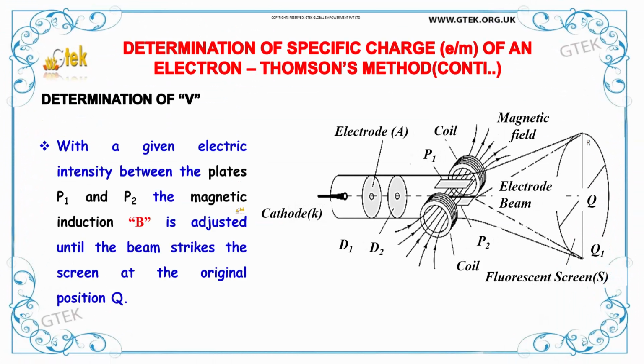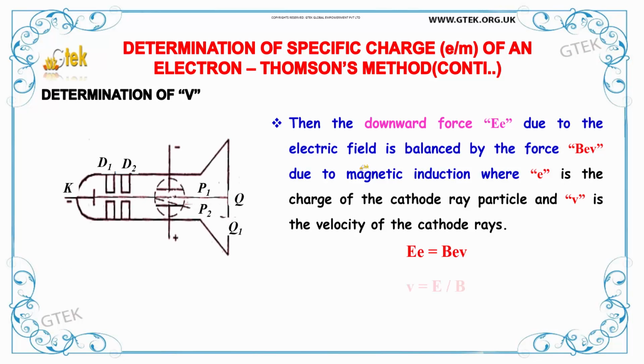If we talk about the determination of v, with a given electric intensity E between the plates P1 and P2, the magnetic induction B is adjusted until the beam strikes the screen at the original position Q. Then the downward force Ee due to the electric field is balanced by the force Bev due to magnetic induction, where e is the charge of the cathode ray particle and v is the velocity of the cathode rays.